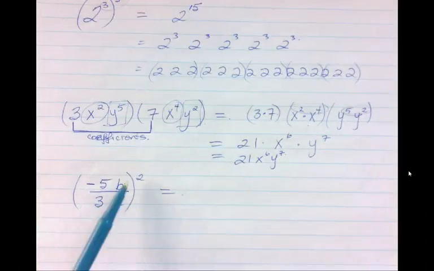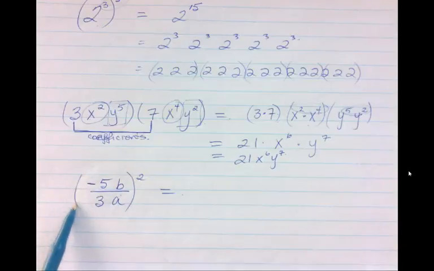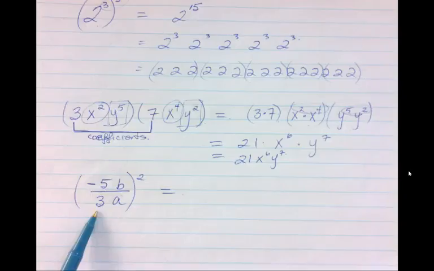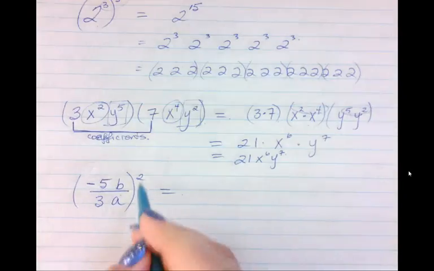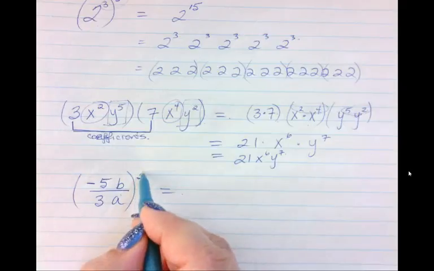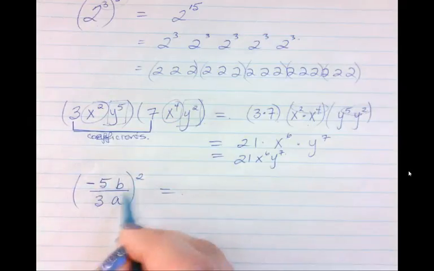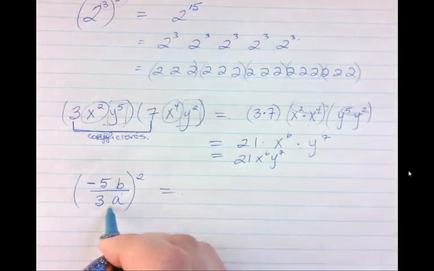So what do you do when you have a bracket and then you have an exponent, and that exponent is containing all of this, let's say. So now this is a power, and this power applies to every single thing in this bracket, okay?